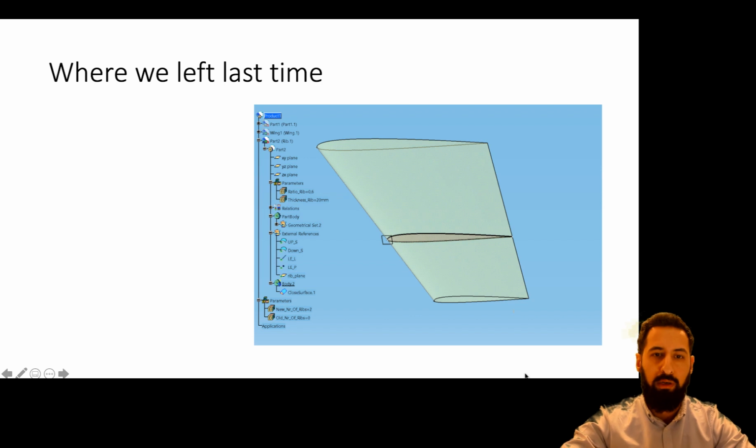And where we were left last time was that we created a product. In this product we had a wing which was instantiated, and then we could also instantiate ribs inside the wing, and we could control the number of rib instances automatically with VB.